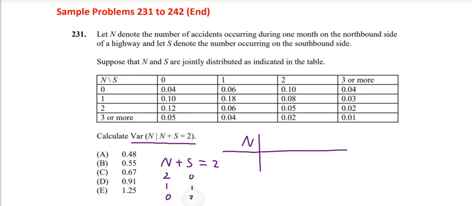Only these three cases, right? So N can be 0, 1, or 2. N equals 2 means (2, 0), N equals 2, S equals 0, the probability is thus.